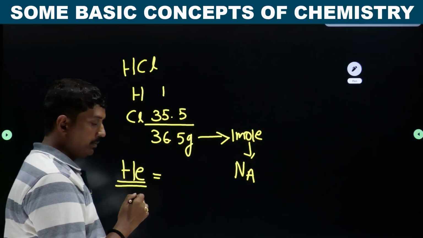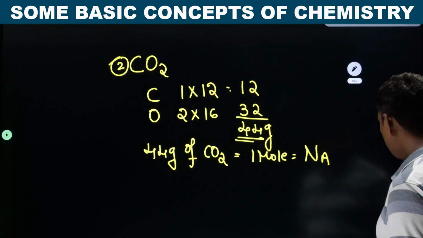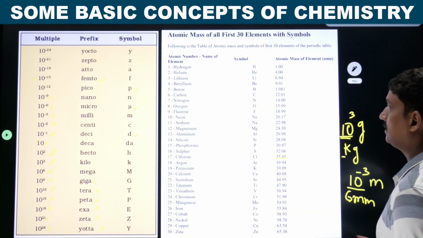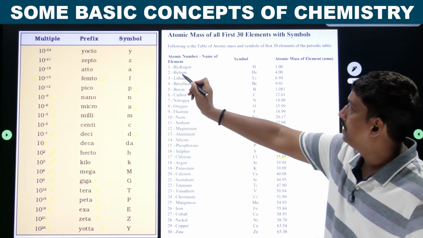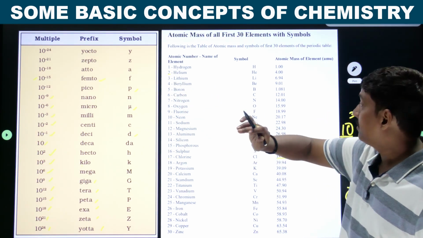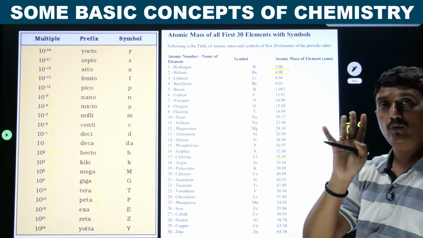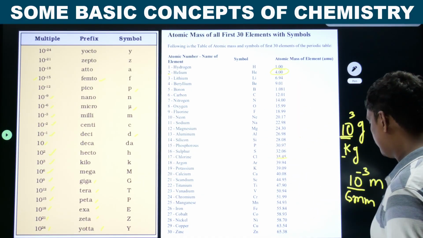What is the atomic mass? You might not know. Just look here, that's why I have given this chart. Helium: atomic number is 2. The number is not required, mass is required. Corresponding to this, you can find the mass, that is 4.